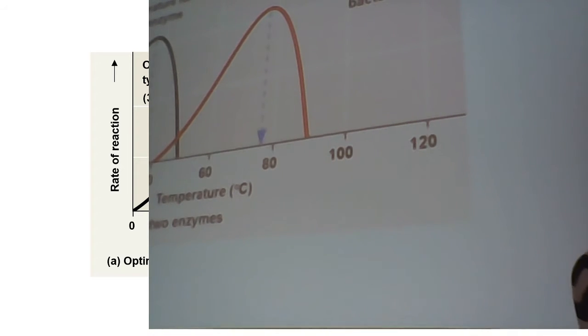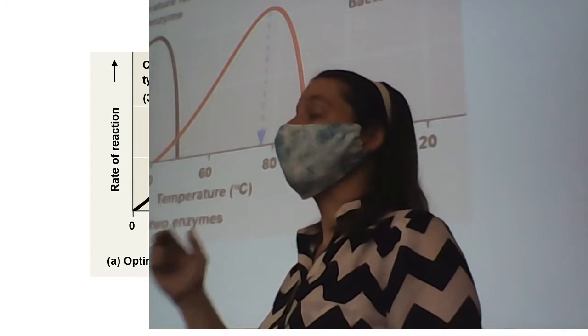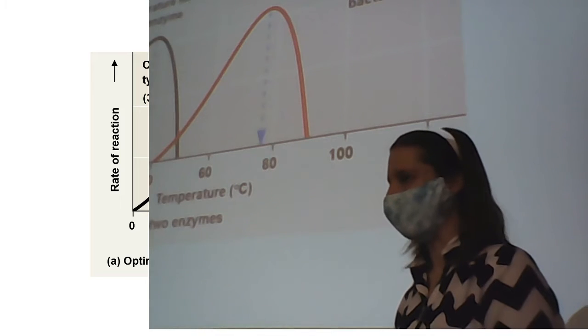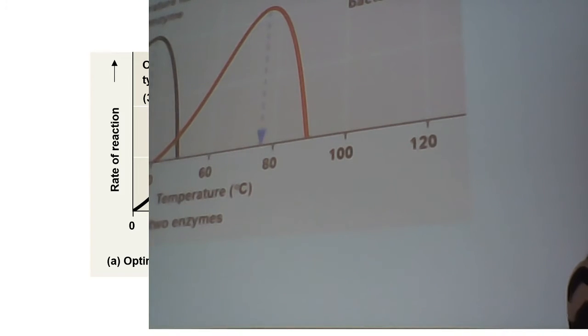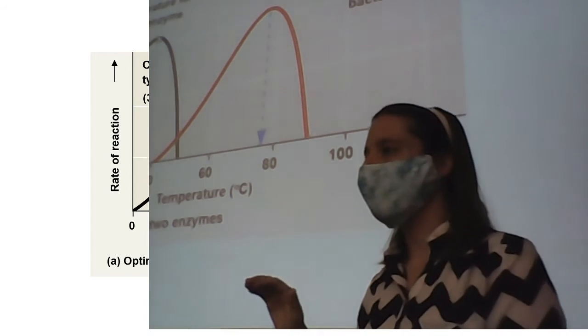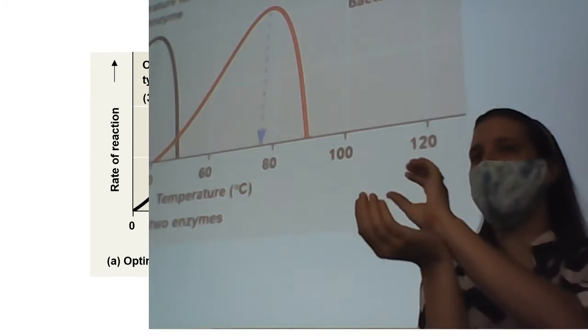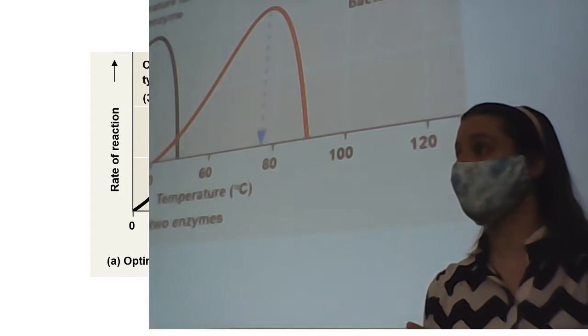If it's freezing, if it's at 0, this reaction is just not happening. The rate of reaction is very, very slow. As it gets warmer, it happens more quickly. When it's at 37 degrees C, the enzyme is in the perfect shape to have this thing happen a bunch, right?